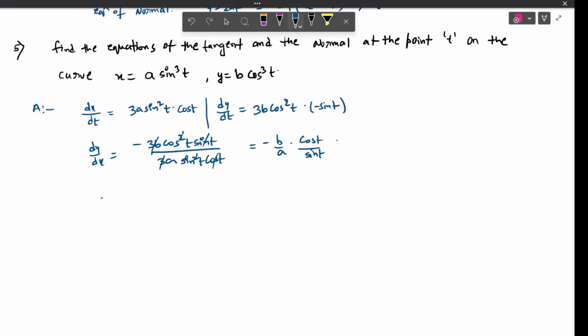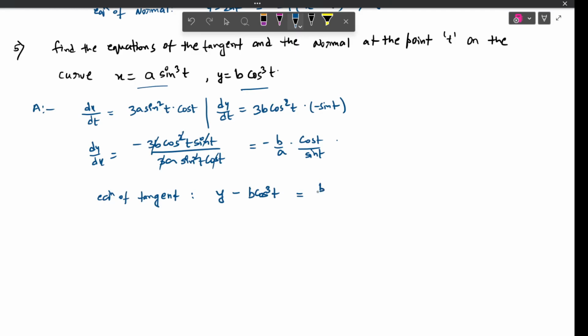So what should be the equation of tangent? Equation of tangent is y minus y1, that is y1 is b cos cube t, right? And x1 is a sin cube t. So y minus b cos cube t equals m, what is m?